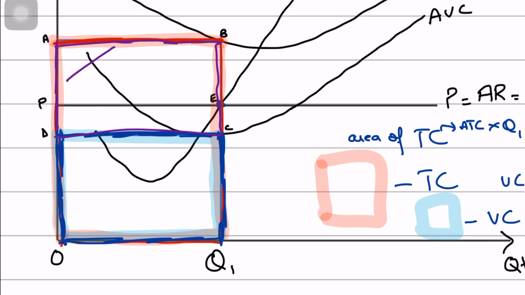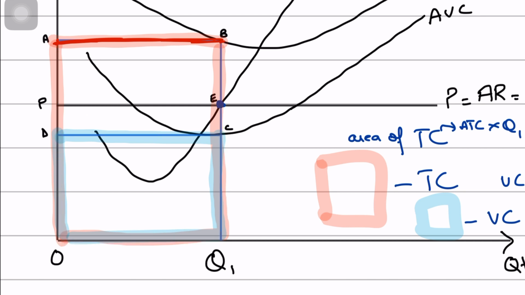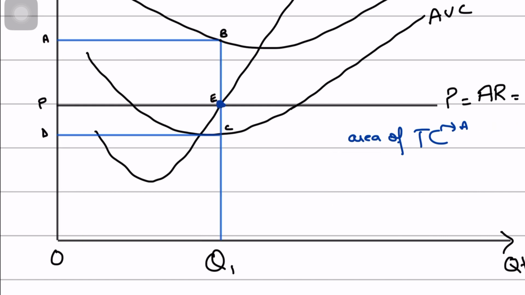So if I were to ask you, I'm going to repeat it. If I deduct the red box from the blue box, I'm left with this purple region, which would be my fixed cost. ठीक है? So इसका मतलब ये हुआ कि if this box, let me erase this.